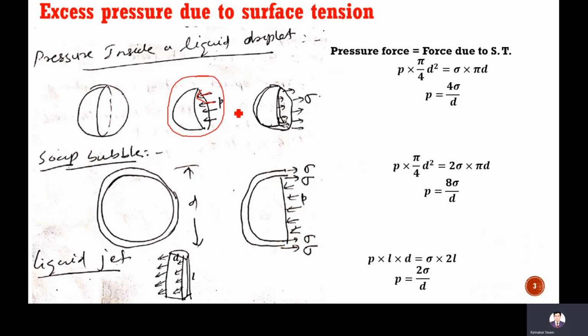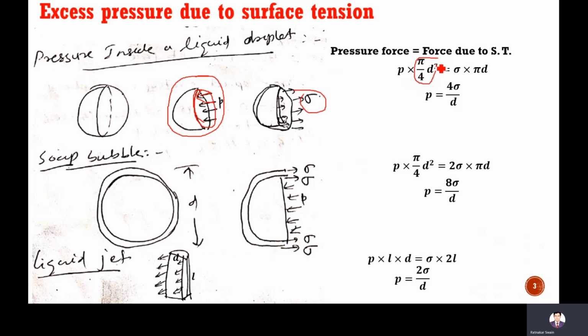So if we equate the pressure force, which is occurring due to the surface tension only, to the force due to surface tension: the pressure force will be the pressure into the perpendicular area. Since it is a spherical liquid droplet, the area is pi by 4 d square, so the pressure force is P into pi by 4 d square.